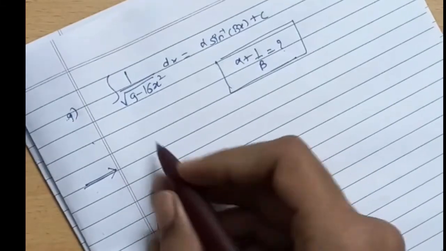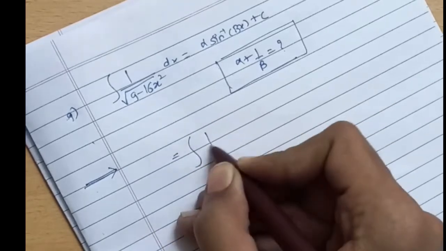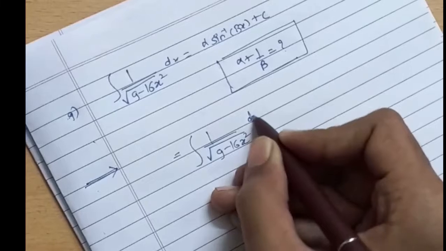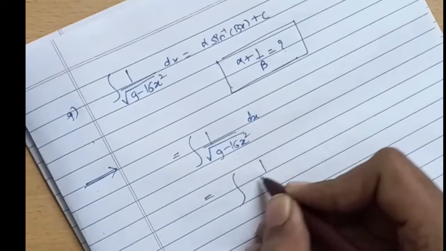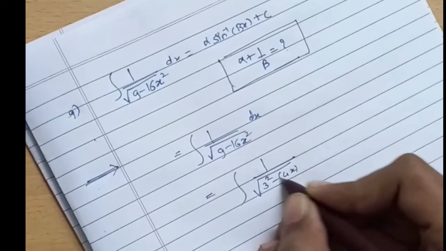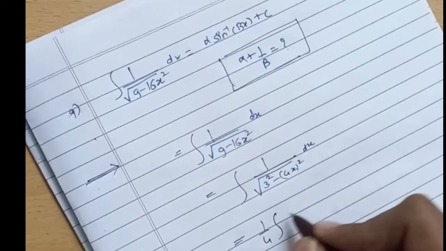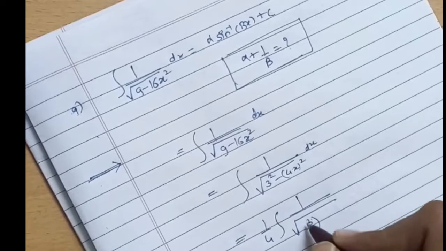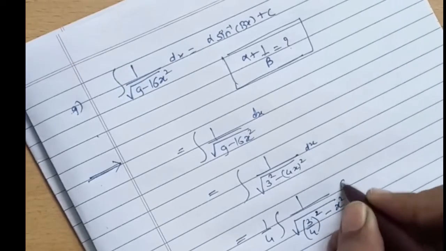First of all, let us solve the integration of 1 upon root of 9 minus 16x square dx. It is 1 upon root of 3 square minus 4x whole square dx. Taking 1 by 4 outside, it is 1 upon root of 3 by 4 square minus x square dx.